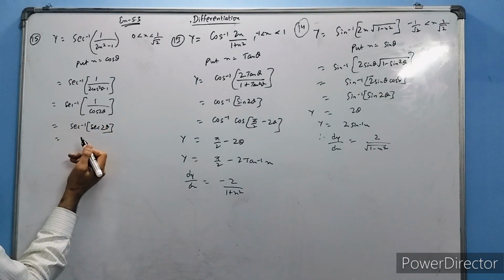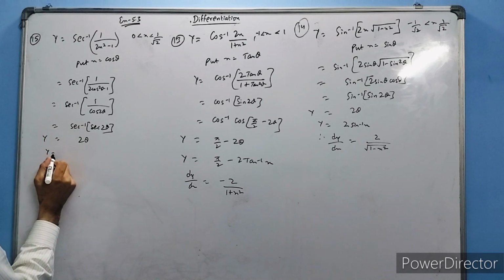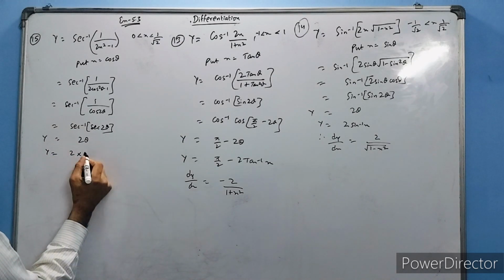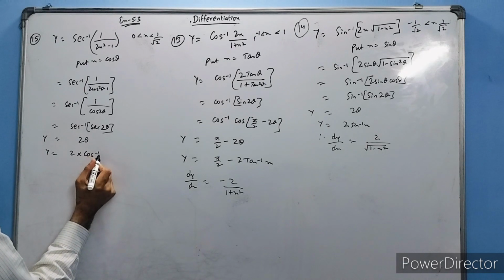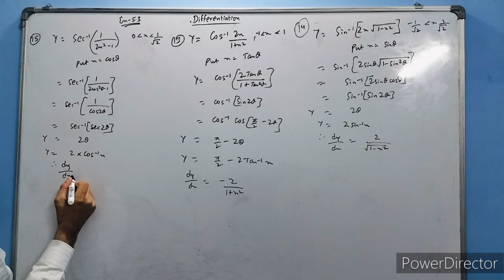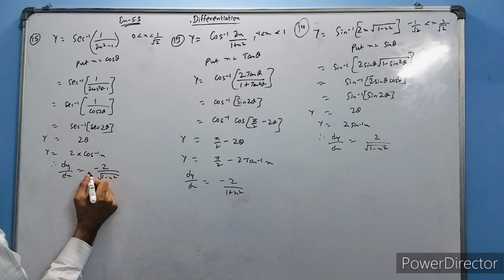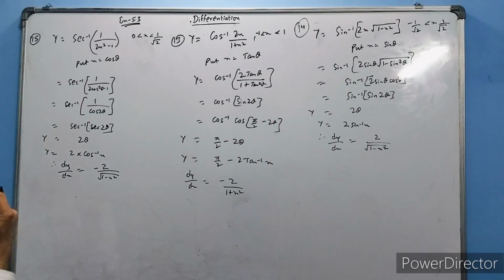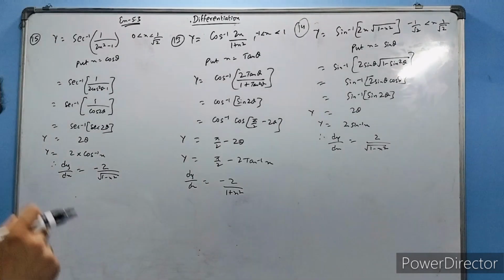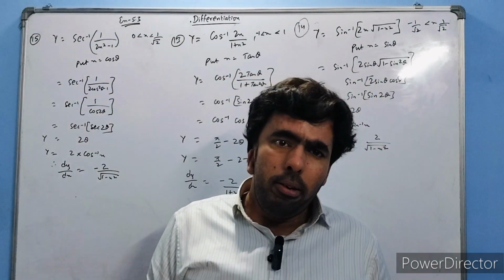So now we'll have 2 theta, y is equal to 2 into cos inverse x. So if I differentiate, we'll get minus 2 upon root of (1 minus x square). Okay, so that is how we differentiate the inverse trigonometric functions.